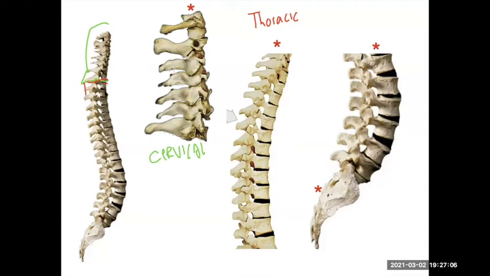Let's see, 1, 2, 3, 4, 5, 6, 7, 8, 9, 10, 11, 12. And down about here. And this is where your ribs will attach on these thoracic vertebrae. And then you got your lower ones. 1, 2, 3, 4, 5. I might have counted these wrong, but there's 5 lumbar.